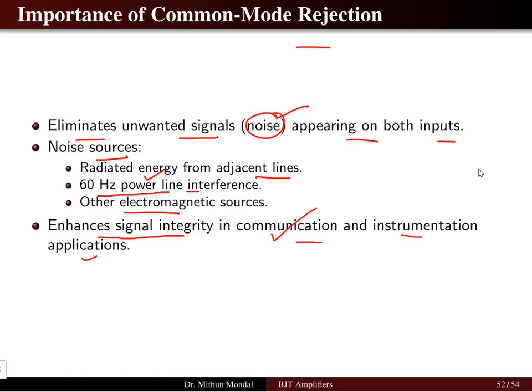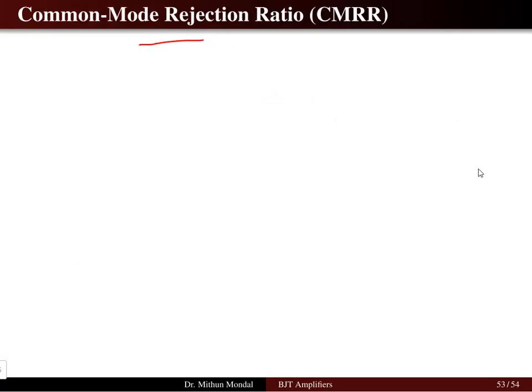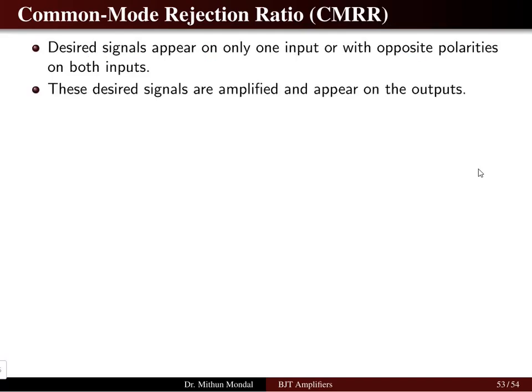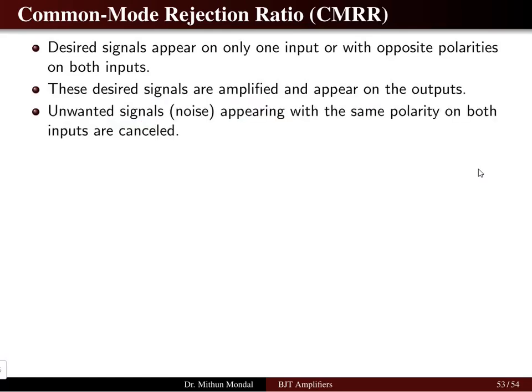So in communication and instrumentation, you have to remove this unwanted noise. Hence, common mode rejection plays a very important role to remove other sorts of disturbances. What is the common mode rejection ratio then? The desired signal appears on only one input, or with opposite polarities on both inputs, as we have seen. These desired signals are amplified and appear at the output.